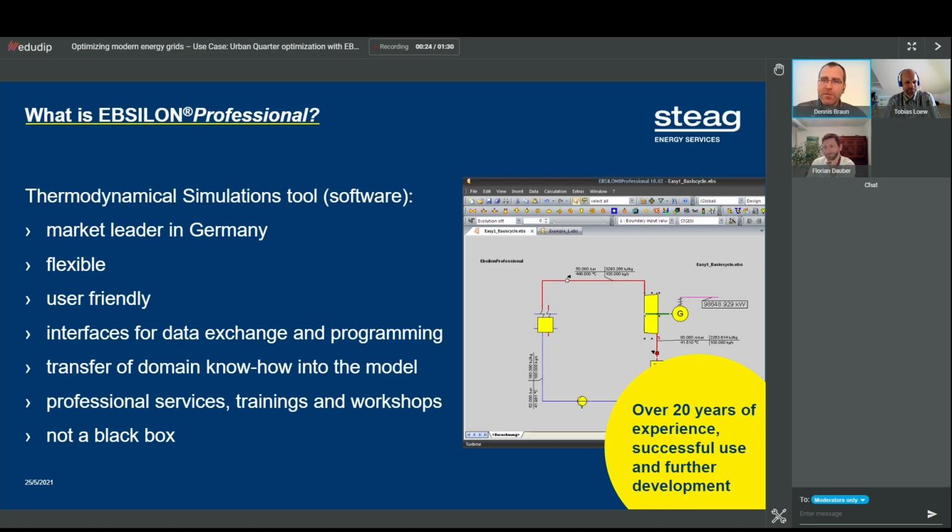A customer that has a project with us and has an EBSILON can open the model and use it in the future, make some changes on their own. It's really open, really transparent. And as I said, more than 20 years of constant improvements. I remember 10 years ago, we were working on solar thermal extensions. Tobias will share a little bit how EBSILON evolved over time, and that by now we can even have PV and wind in a model to a certain degree. So that is very strong.